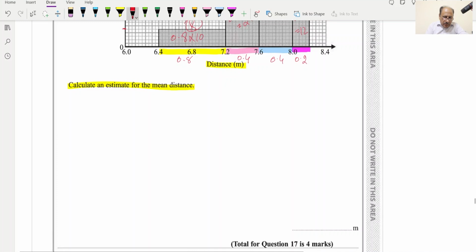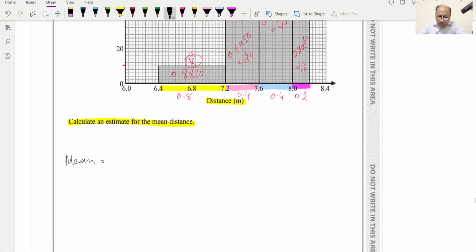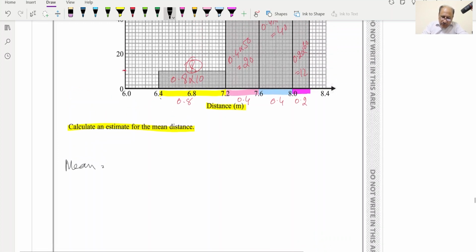For the mean value we will write mean will be equal to, we will take the middle point of these two, the mid of this range.